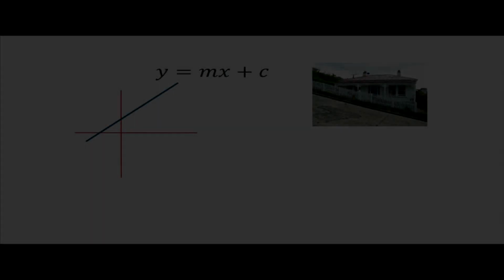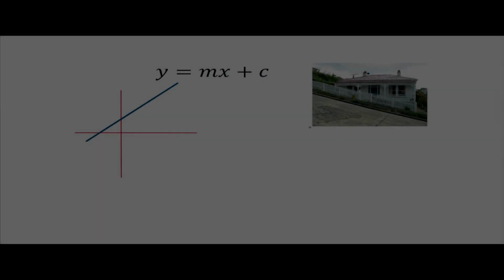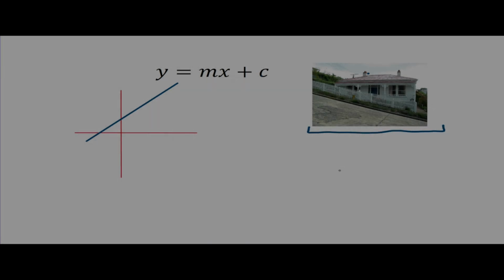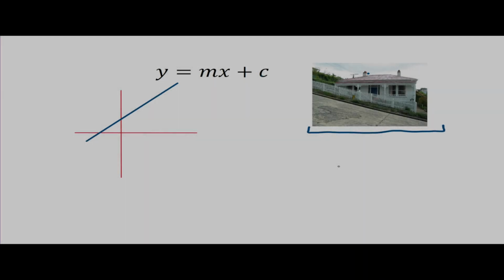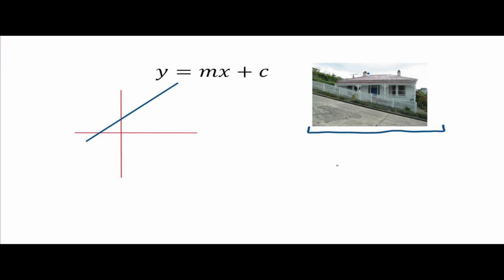The picture on the right here is Baldwin Street in Dunedin. It's regarded as the steepest street in the world. It's contested, but it's generally acknowledged as the steepest street in the world. What we have on our left is the gradient-intercept form of a straight line, where m here is the steepness and c is the y-intercept.